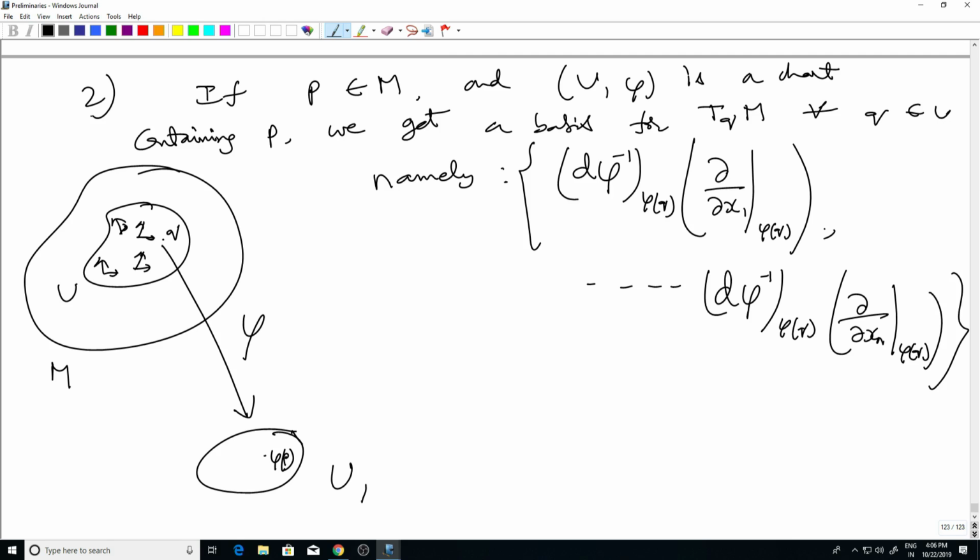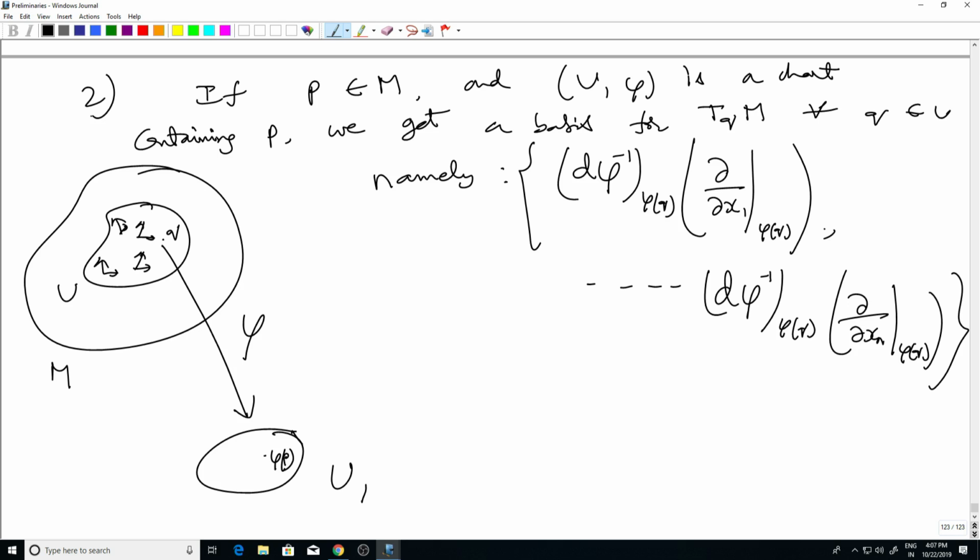So we have a natural basis for the tangent space of any open subset of Euclidean space, namely the partial derivative operators, derivations, and using these derivations I can pull them back via d phi inverse and get a basis. And I know that d phi is an isomorphism, therefore this will continue to be a basis.